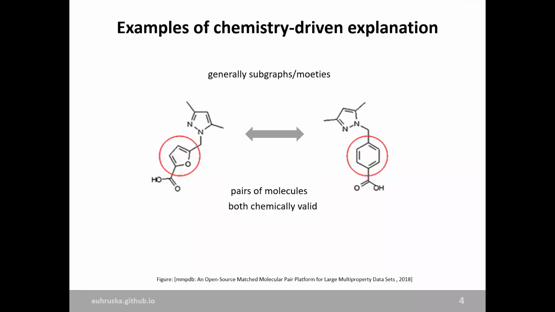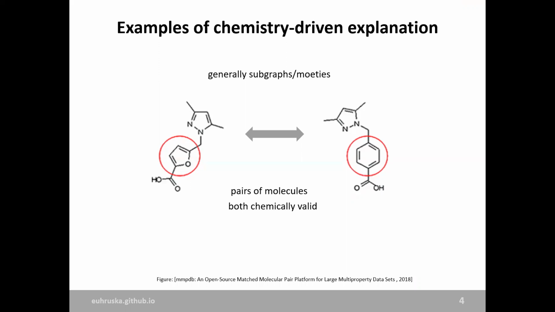In general, this doesn't have to be a change of just a functional group, but it can be a change of any kind of subgraph. These are called moieties, and as shown in this example, you replace a ring in the middle of the molecule with a different kind of ring in the middle of the molecule.